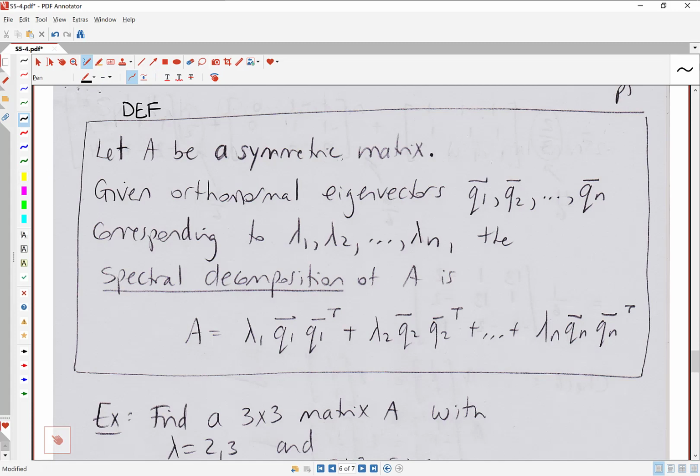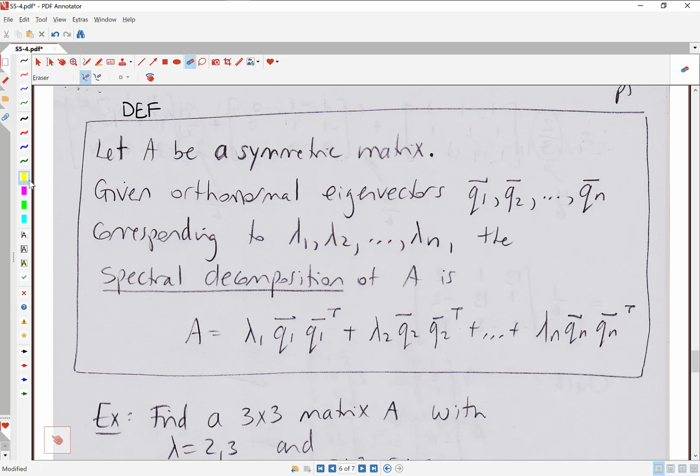Suppose that you have a symmetric matrix A, and let's say that you have orthonormal eigenvectors for this matrix. So to emphasize that they're orthonormal, we'll call them Q1, Q2, Qn. And those are corresponding to some known eigenvalues, lambda 1, lambda 2 through lambda n.